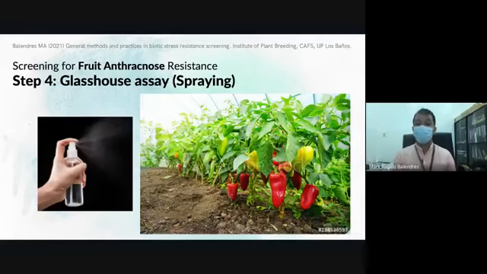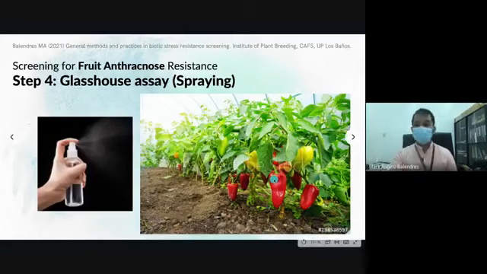But for resistance screening, it's still advisable that you do it under a more realistic condition, though not necessarily in the field, because it's not good to spray your pathogen in the field for the simple reason that you might be producing more spores or providing inoculum for other crops in the succeeding cropping season.